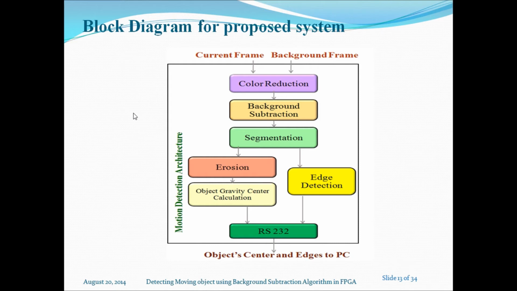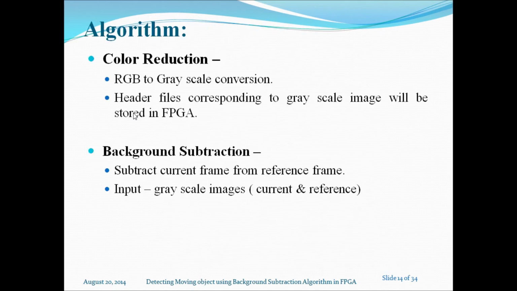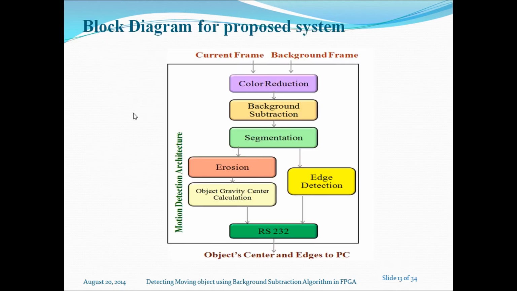Erosion is applied to remove edge boundaries so that the gravity center is computed properly. Then we calculate the object center and send it to the PC for display. In parallel, the segmented image is used to identify the edge of the object. Here we have used the Sobel mask for edge detection. Then the edge details are sent to the PC for display.